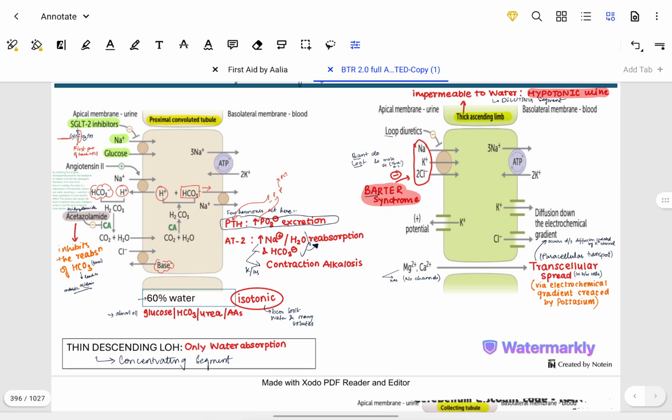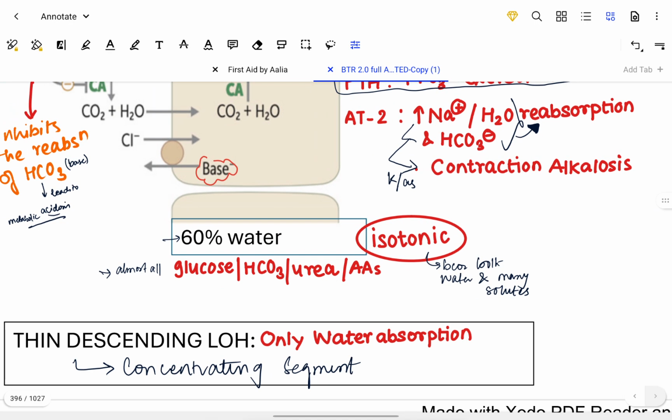Now, 60% water. So this is the maximum water anywhere. If they ask you where water absorption is maximum, no matter what, it's the PCT, because 60% of the water is being reabsorbed and the rest 40% is left. Even if any one other place is reabsorbing, it will still be less, because 60% of the water is being reabsorbed in the PCT, along with almost all glucose, bicarbonate, urea, and amino acids.